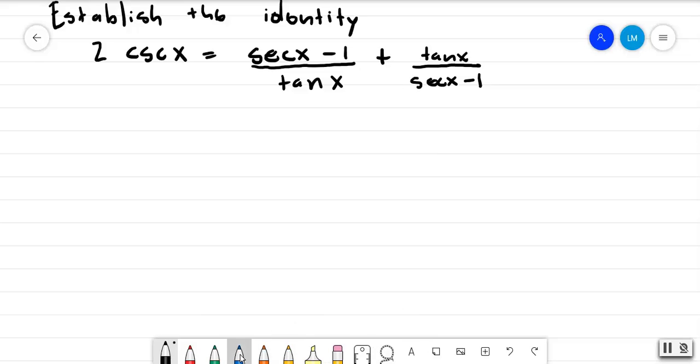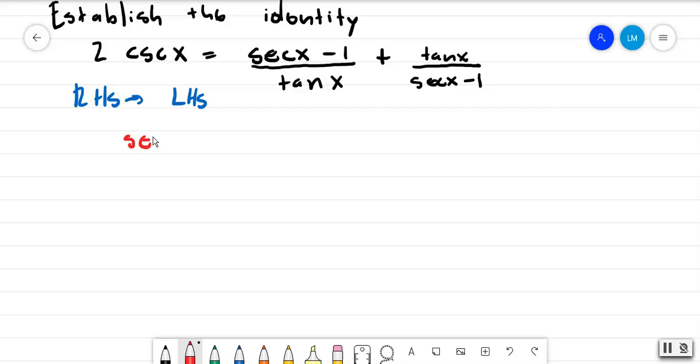So we're showing that the right-hand side is the left-hand side. Mathematically, we could show that left is right, right is left, but here we're only going to show one part of it. We don't need to show both sides.